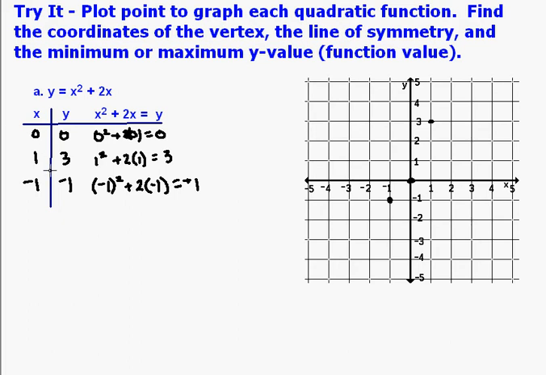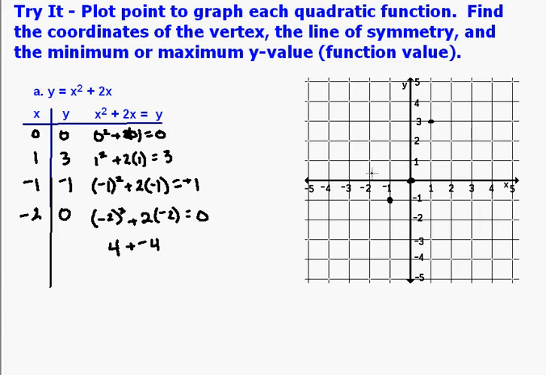And let's extend our graph down a little further. Okay, let's go negative 2. Negative 2 squared plus 2 times negative 2. Negative 2 squared is a positive 4, and negative 2 times 2 is a negative 4. If I add those two together, I get 0.